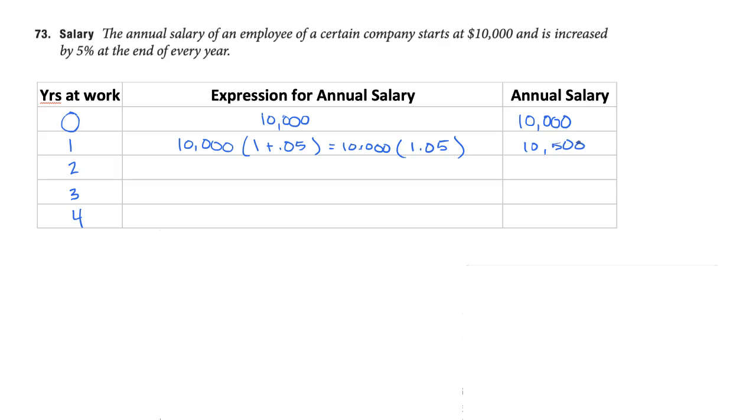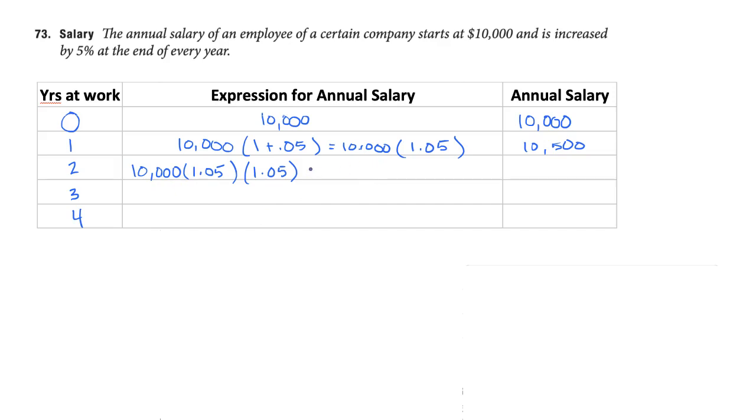Okay, so the next year, it goes up from the previous year. So the previous year is 10,000 times 1.05, which is 10,500. And then we multiply that by 1.05. So we basically take the 10,500, which was the original 10,000 times 1.05, and we multiply it by 1.05 again.